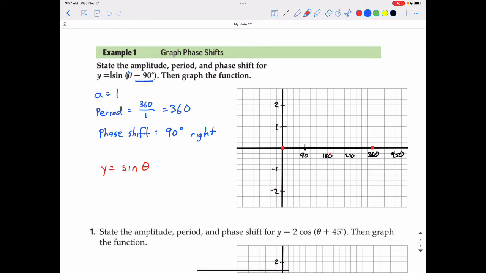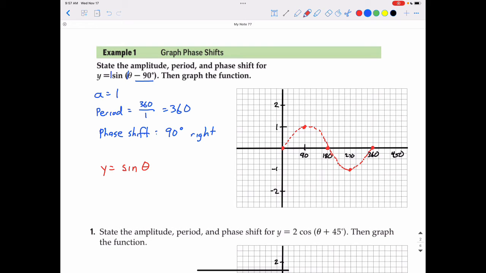It has an x-intercept midway between the starting and ending points at 180. It reaches its high point halfway between 0 and 180. Since we have an amplitude of 1, that will be 1. It reaches its low point of -1 between 180 and 360 at 270. So this is one full period of the parent function.